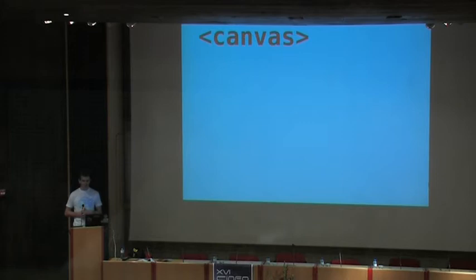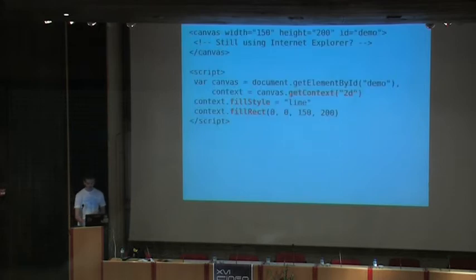If you're familiar with Java, it gives you basically access to a 2D graphics API. And so you can script graphics on the client. So you might imagine that the server sends you a bunch of data, and then the user will manipulate some of this data on the client in a table. And then using JavaScript and the canvas element, you can generate graphs based on that data. Or you can create little video games and things like that.